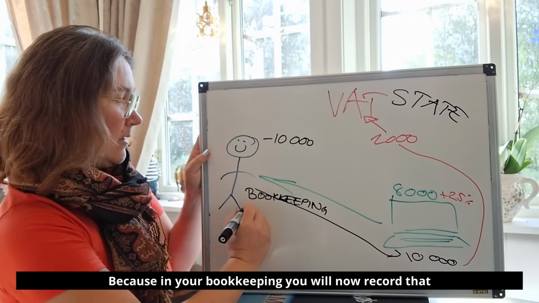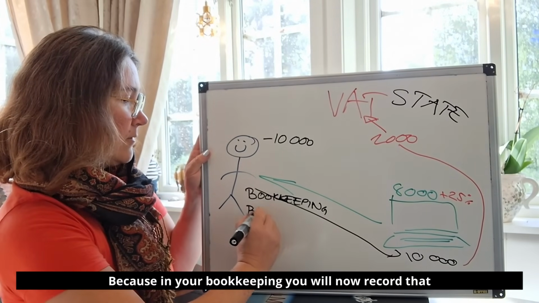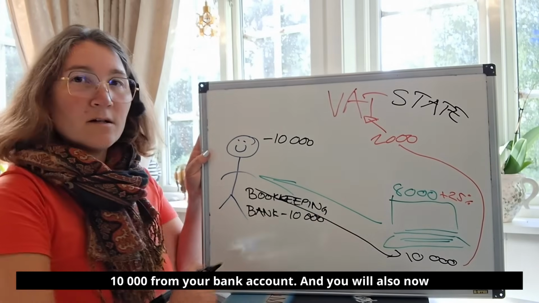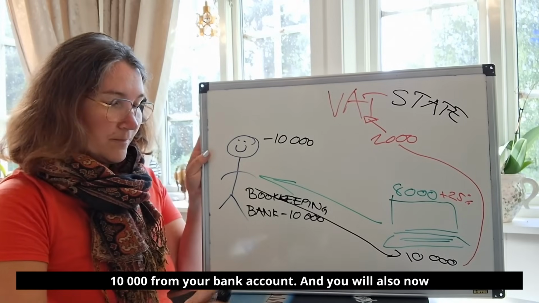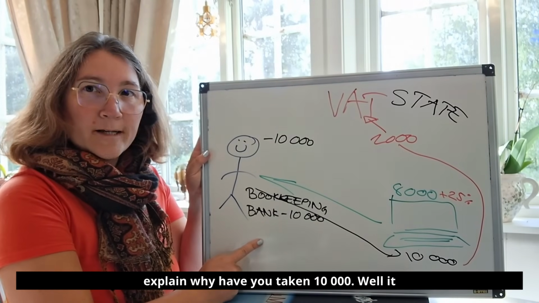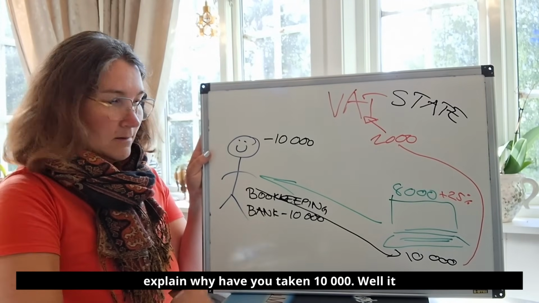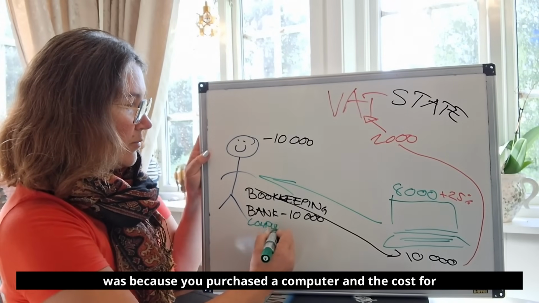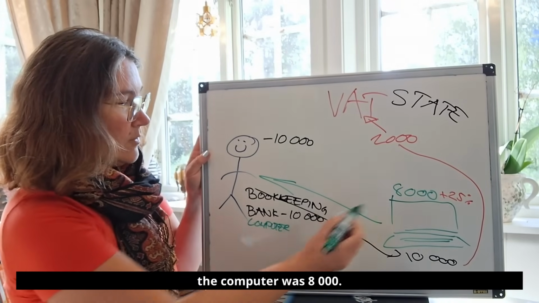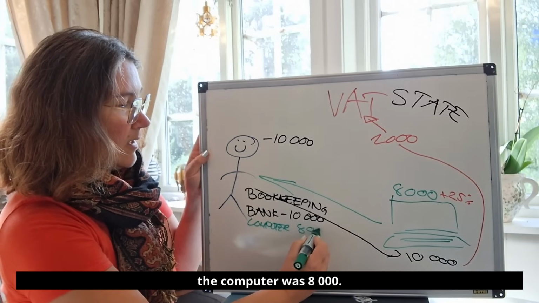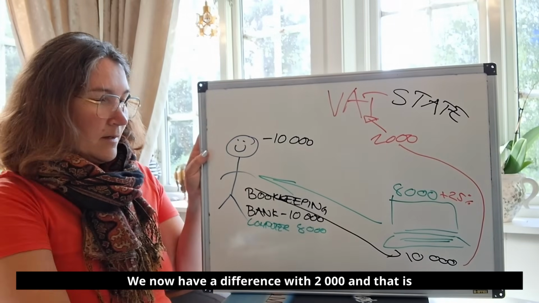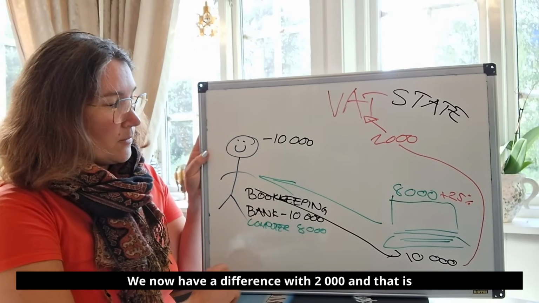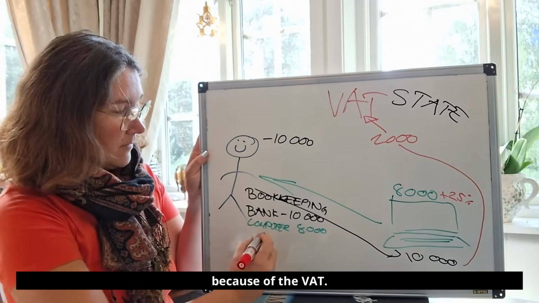Because in your bookkeeping, you will now record that you have taken 10,000 from your bank account. And you will also now explain why you have taken 10,000. Well, it was because you purchased a computer and the cost for the computer was 8,000. We now have a difference of 2,000 and that is because of the VAT.